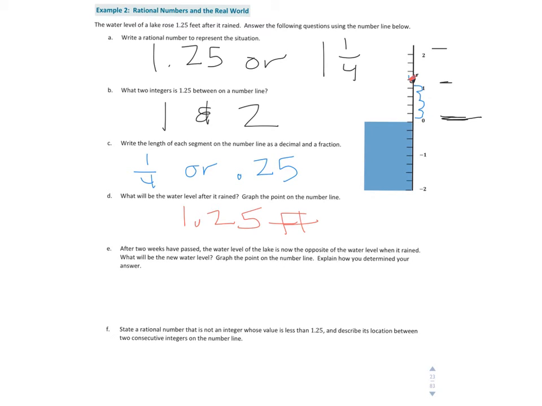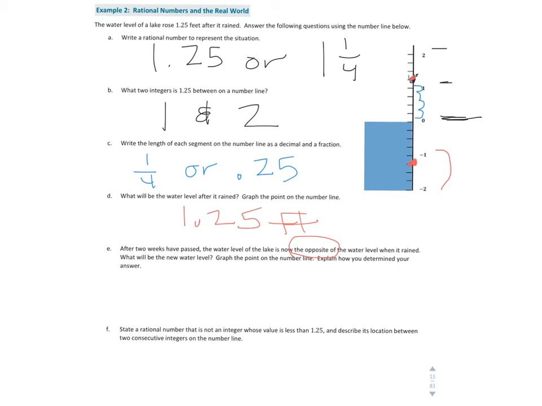After 2 weeks have passed, the water level of the lake is now opposite of the water level when it rained. What will the new water level be? Graph it. So 1.25 was the old water level. The opposite of 1.25 is negative 1.25, which is 1 notch below the negative 1, in between negative 1 and negative 2.